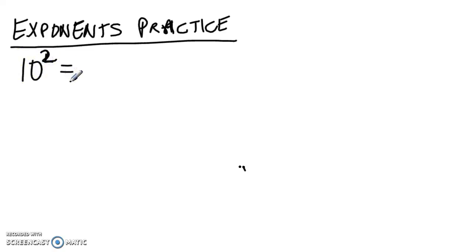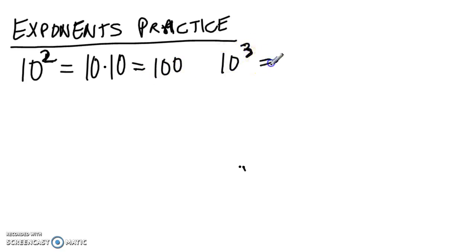Just to review, exponent means you write it twice and multiply them. 10 times 10 is 100. Okay, 10 to the third power. Now we write it 3 times, multiplying them all. That would be 1,000. The shortcut with tens, which is really nice, is that 10 squared is 2 zeros, 1 0 0. 10 to the third is 3 zeros, so 1 0 0 0.